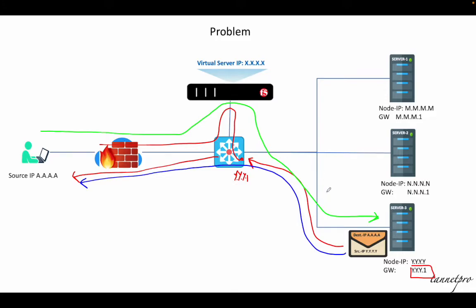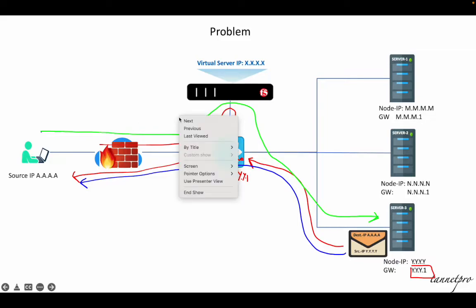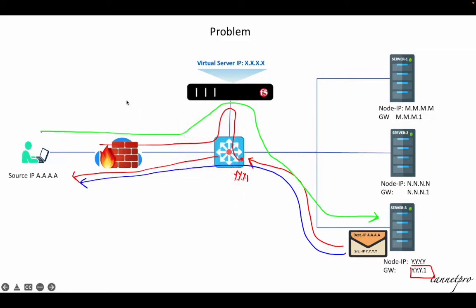So in this case, what will happen? Asymmetric routing is happening, right? Because it comes via this path, and during the reply or response, it takes another path. Got it? So what will happen in case of asymmetric routing?